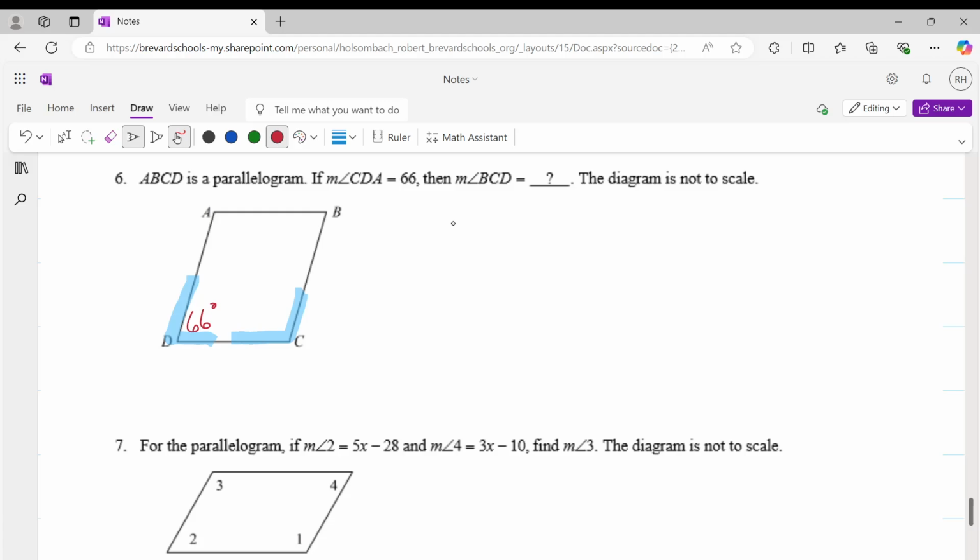So we say the measure of angle BCD plus 66 is equal to 180. Consecutive angles are supplementary. So we subtract 66 from each side. And the measure of angle BCD is equal to 114.